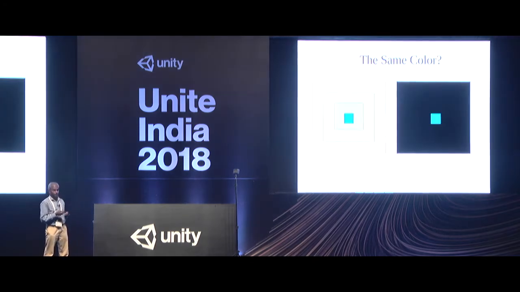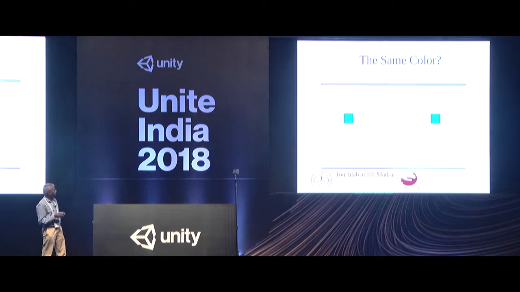Yeah, this is an example. Here the center square looks brighter, and this side looks less bright. You can see that the center square is the same intensity, but the background makes a lot of difference. So how do we quantify the factors affecting this perception?